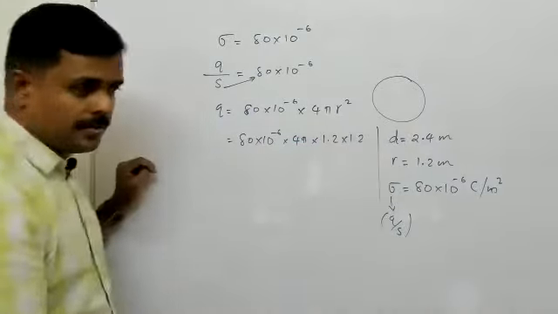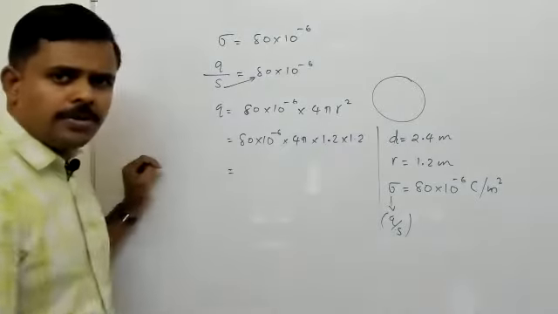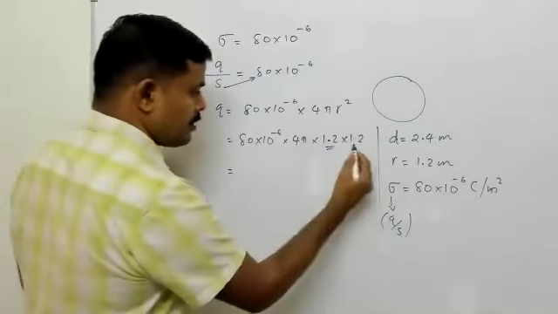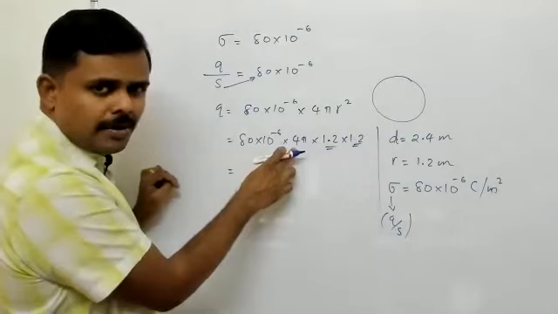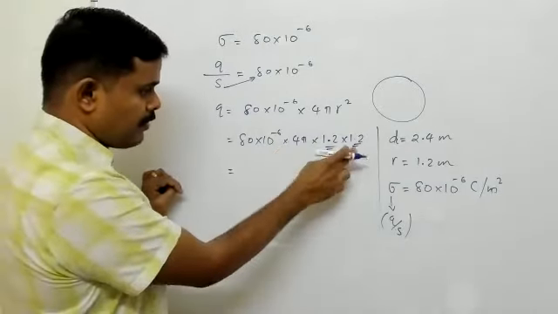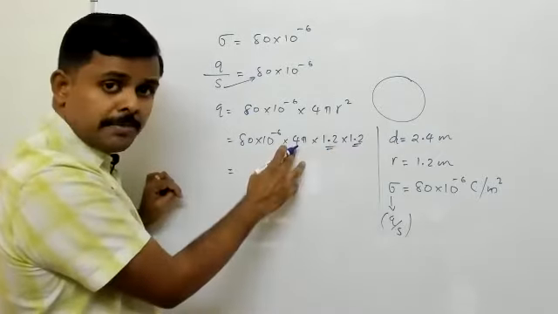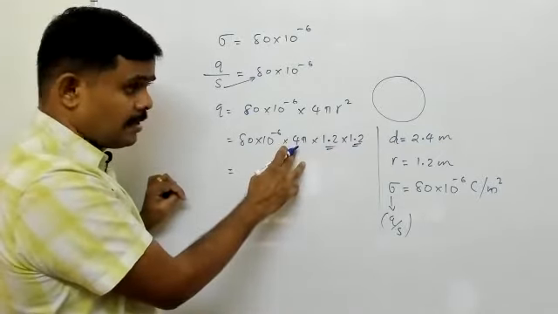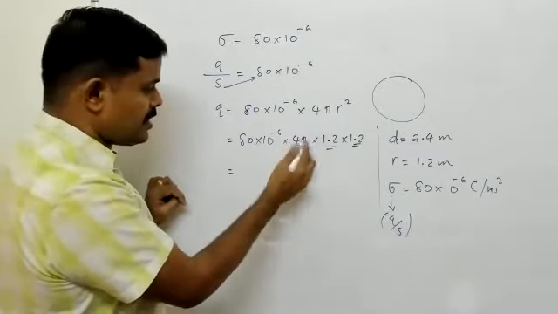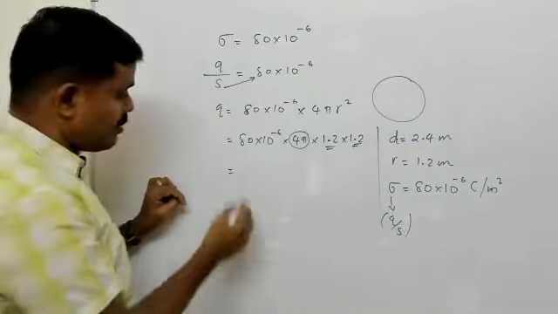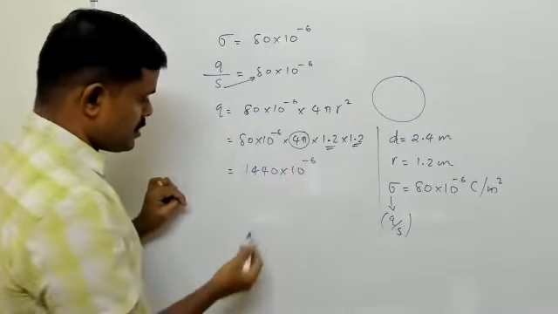Radius is 1.2. 1.2 into 1.2 is 1.44. 1.44 into 4 is about 5.7, into 3.14, roughly 18. 18 into 80 is 1440 into 10 power minus 6.